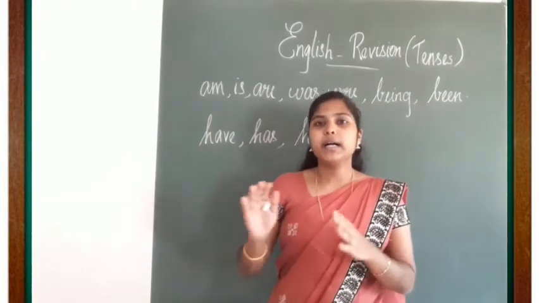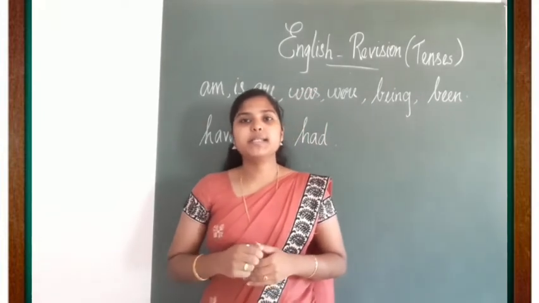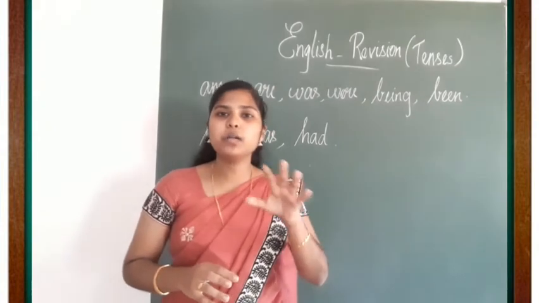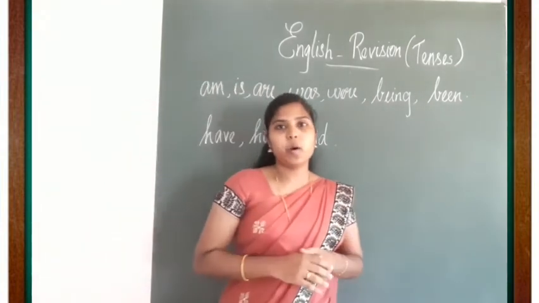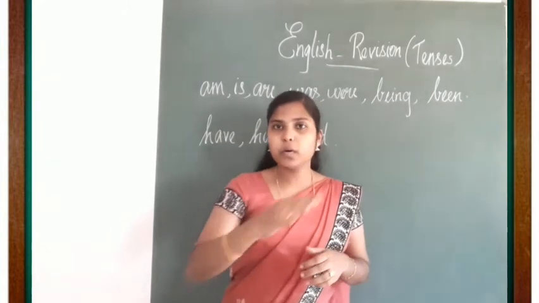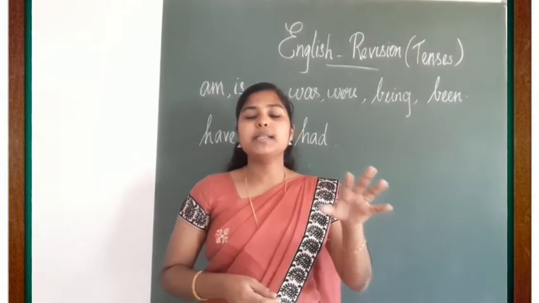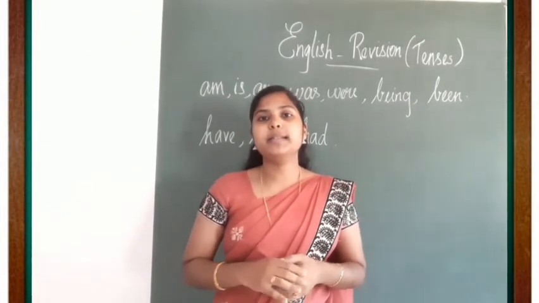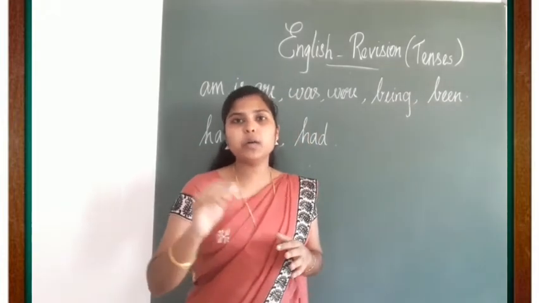Now, let's see about progressive tense. Progressive or continuous. Present progressive, past progressive and future progressive. Progressive means an ongoing activity. An activity that is in progress. That is going on. Okay. Any activity that is going on, that is an ongoing process. It is in progress. Then it is the tense which is indicating an ongoing process.